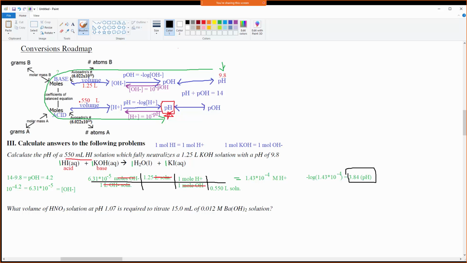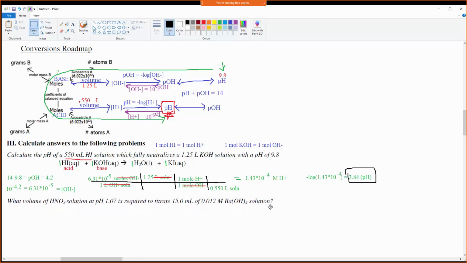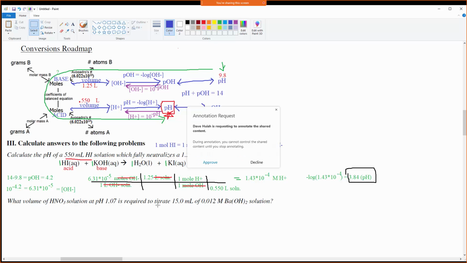One last one, and then we can take a break before we talk about what happens if it's not a strong acid or a strong base. Okay, so what volume of HNO3 solution at pH 1.07 is required to titrate 15 milliliters of 0.012 molar barium hydroxide solution? Now, there's a word here that I'd like to draw your attention to.